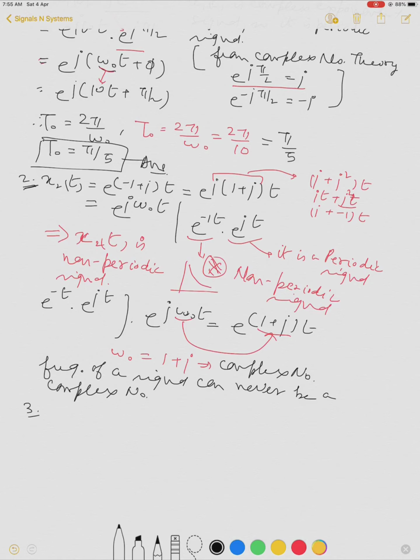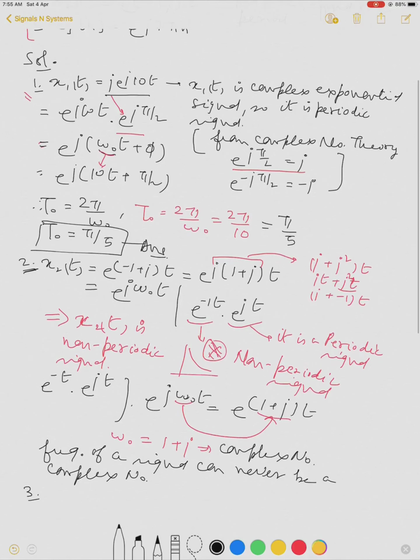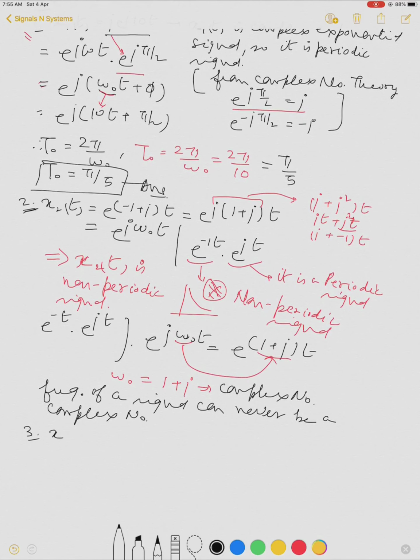Come to the third: x3 is equal to e raised to the power j7 pi n.